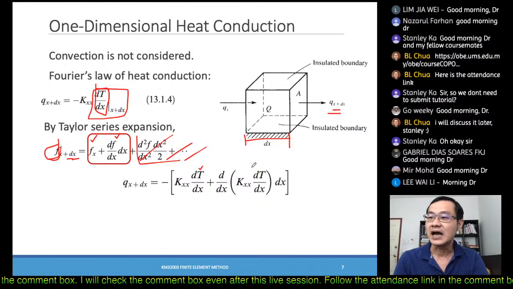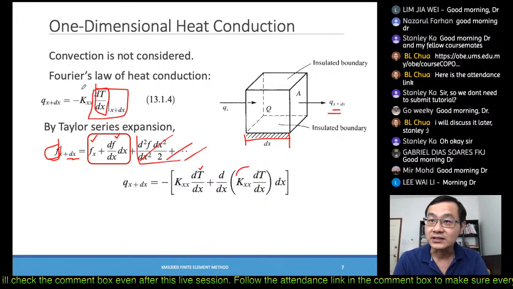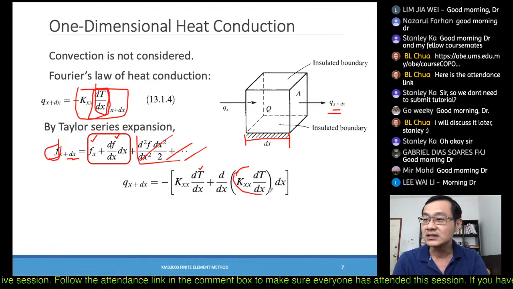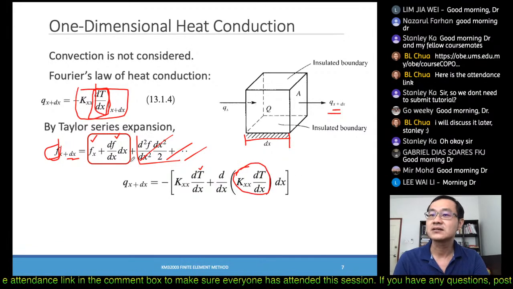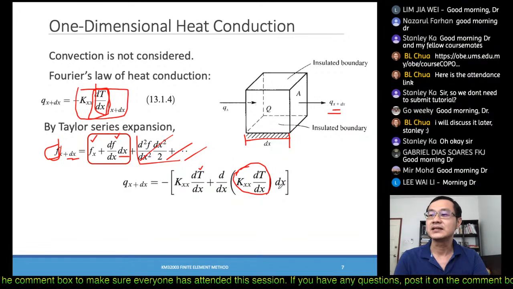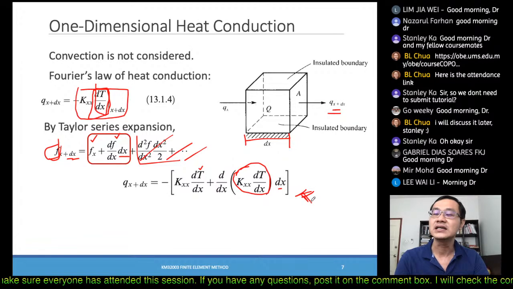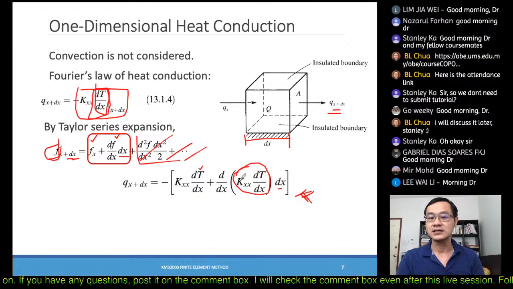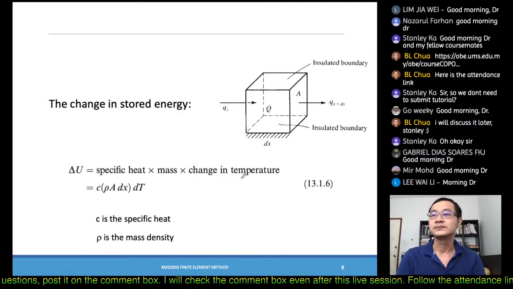Our function includes the k. So d of our function over dx multiplied by dx. This is how we get the heat flux after a certain small distance.